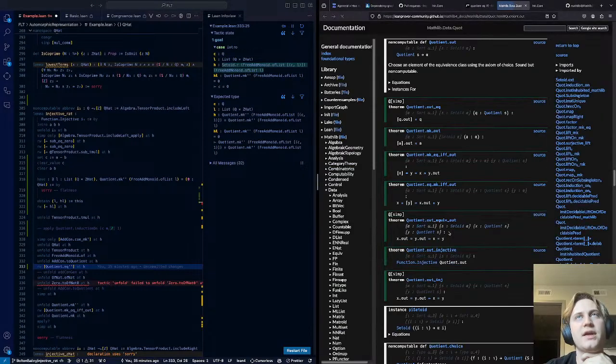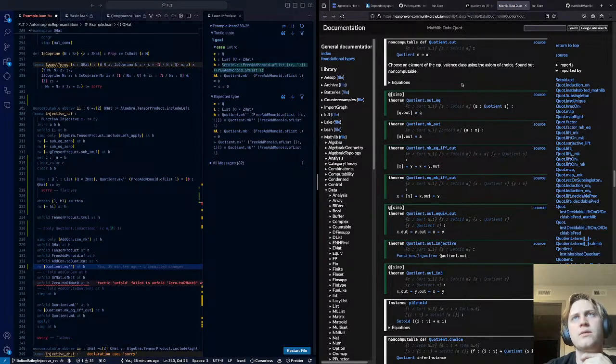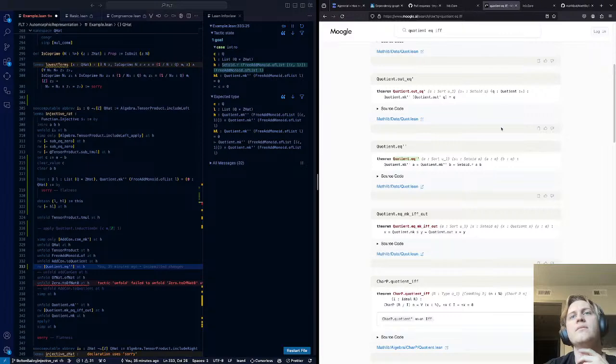What is the quotient.out function, I wonder? Choose an element of the equivalence class using the axiom of choice. Okay, cool.